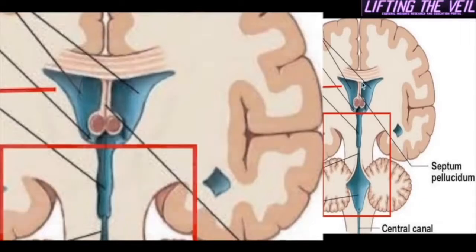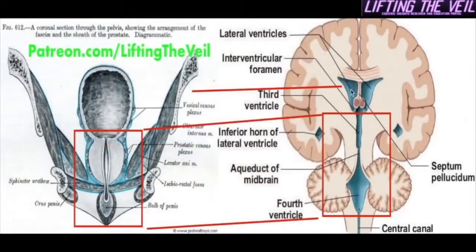So we have the septum pellucidum here penetrating down, and this is not an exact, but a very similar geometric structure as the human pelvis. As we're seeing here, we have the cross-section of the prostate and the fascia and sheath of the prostate, which penetrates down into the bulb of the penis, just as the septum pellucidum and the third ventricle penetrate down into the fourth ventricle, directly penetrating the bilateral symmetry.